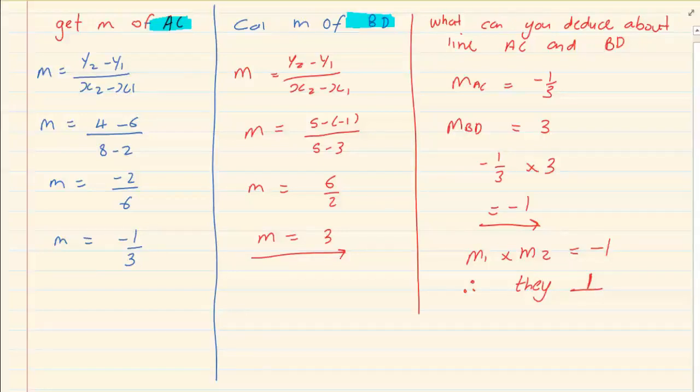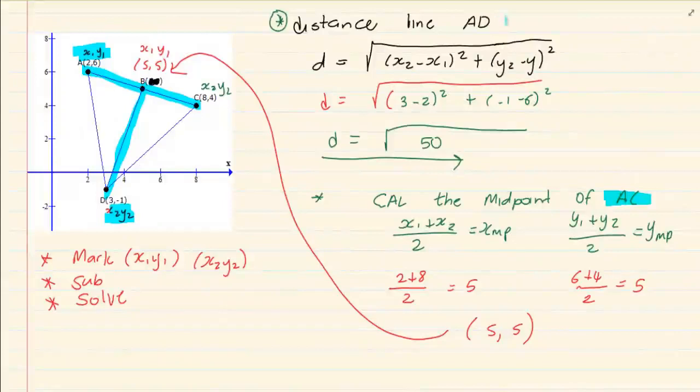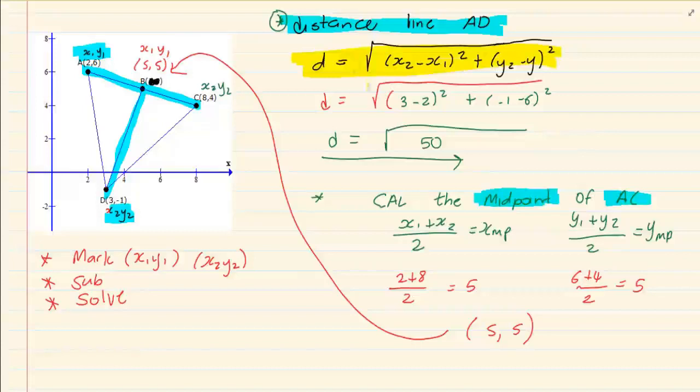Right. So what have we learned from our summaries? Number 1, you need to know the distance formula. Number 2, you need to know the midpoint. Our distance is equal to the root of x2 minus x1 all squared plus y2 minus y1 all squared.